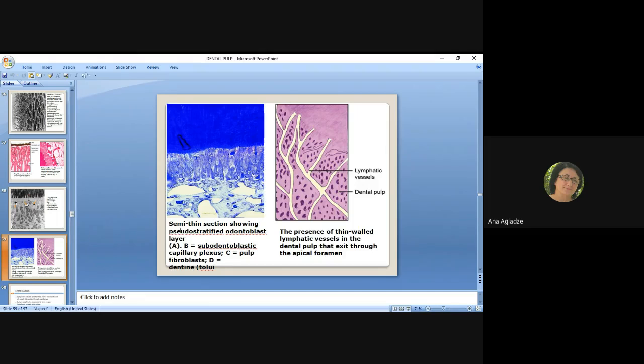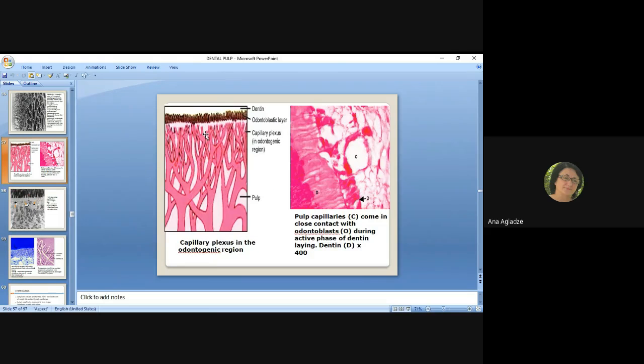The blood vessels form a dense subodontoblastic microcirculation plexus, which can be divided into three layers. The first is known as the odontoblastic layer.